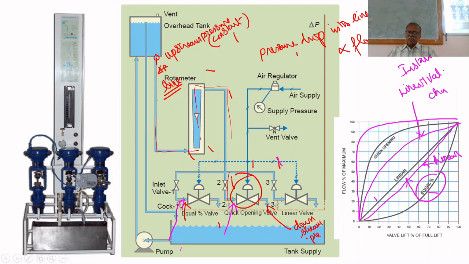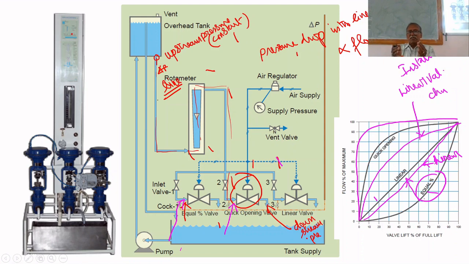Equal percentage becomes linear, and that depends upon the length of the tube before that valve. If that varies, its characteristics also vary. If the length is excessive, then it becomes quick opening. If the length is less, it is between linear and equal percentage.